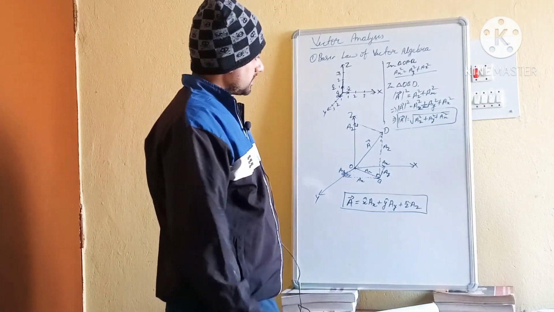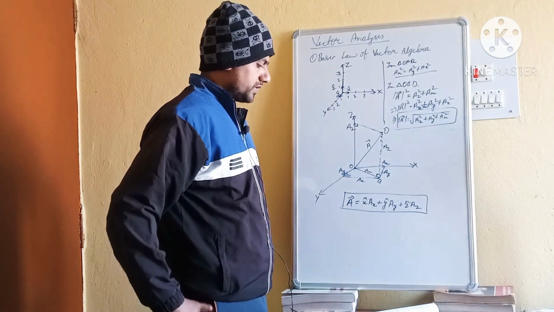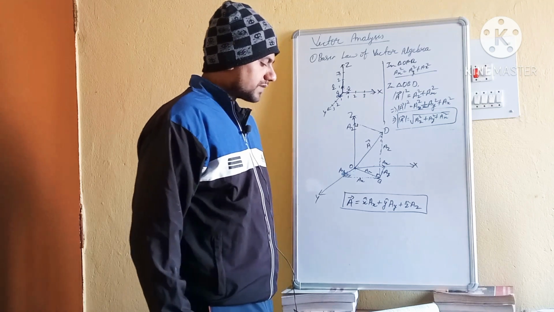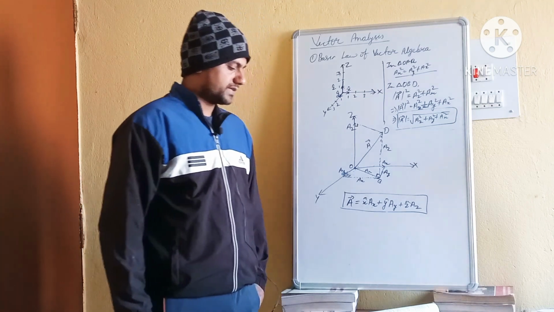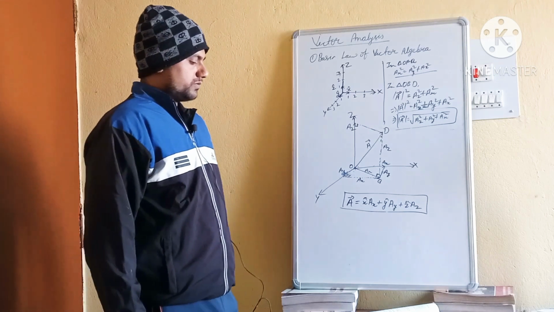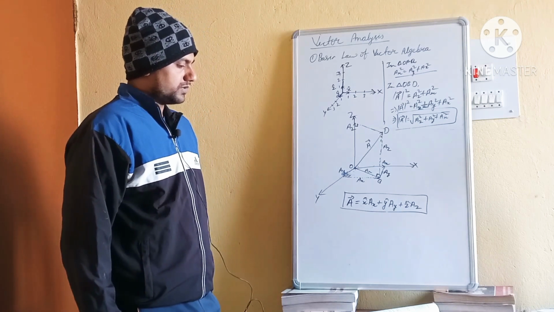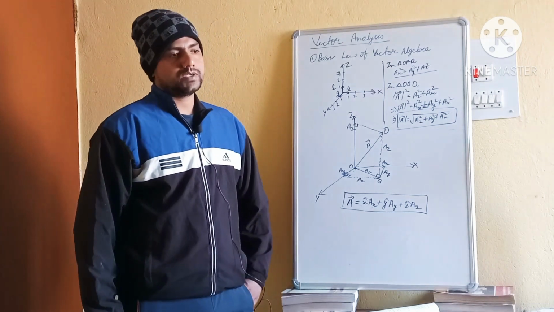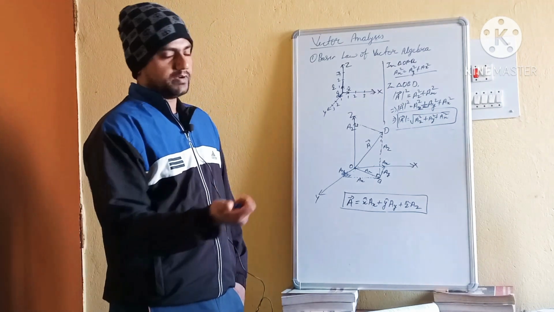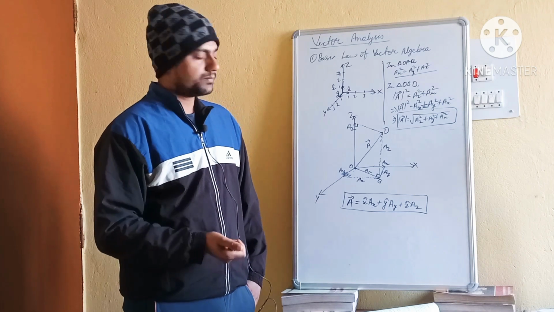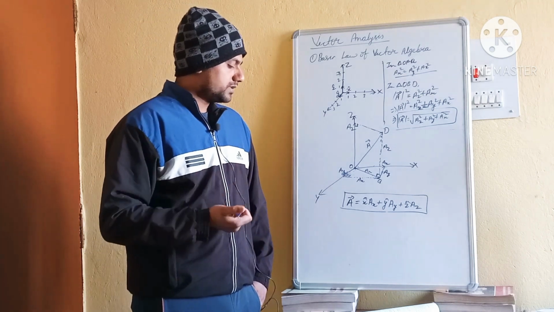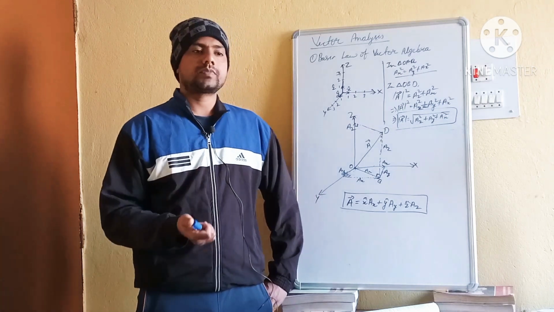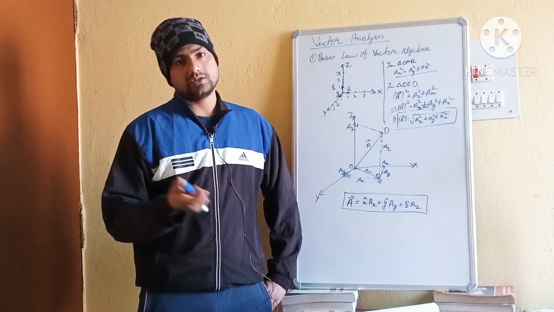Okay, now next I think I should also explain the equality of vectors, in which case we can say that two vectors are equal. For that we have a condition. If that condition is satisfied, then only can we say that those two vectors are equal. And if that condition is not fulfilled, then we say those two vectors are not equal.